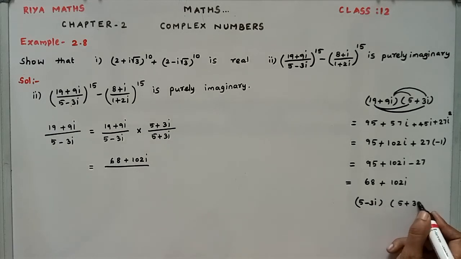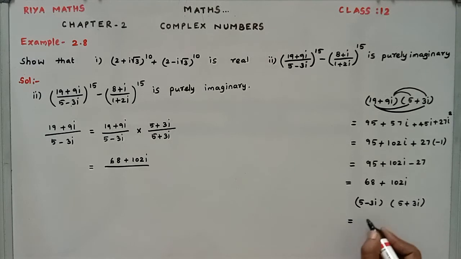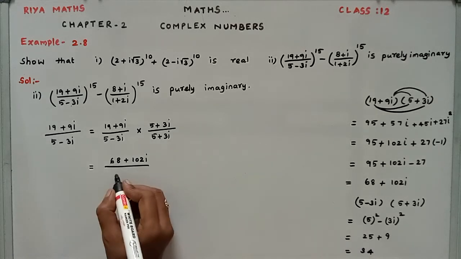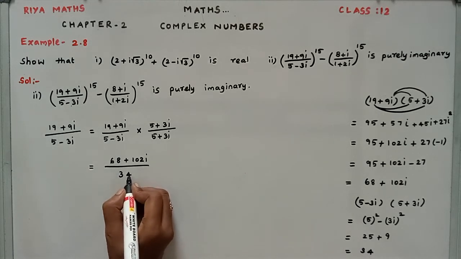Next the denominator: (5 − 3i) into (5 + 3i). This is (a + b)(a − b), so a squared minus b squared, which is 25. 3 squared is 9, i squared is minus 1, so plus 9. 25 plus 9 is 34. So the denominator is 34.